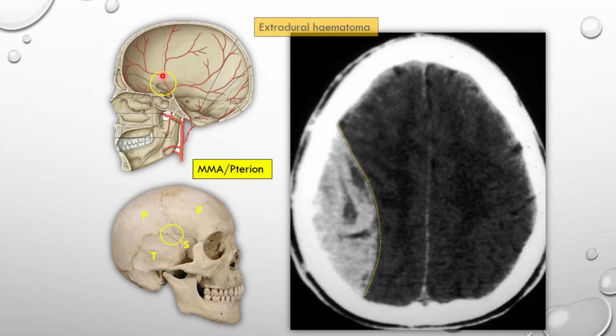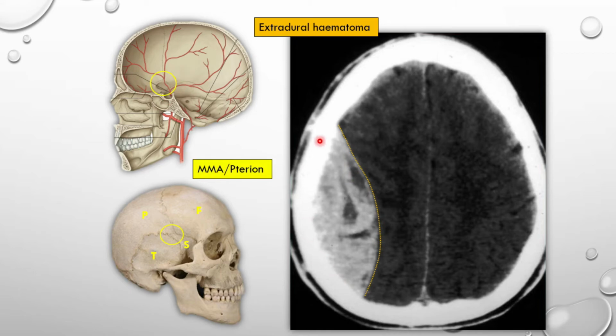So if you were to have a blow to the head in the region of the temple, because it's the weakest part, there's potential for a fracture to occur here, and this could damage the middle meningeal artery as it runs internally across this pterion, and this would lead to an extradural hematoma.